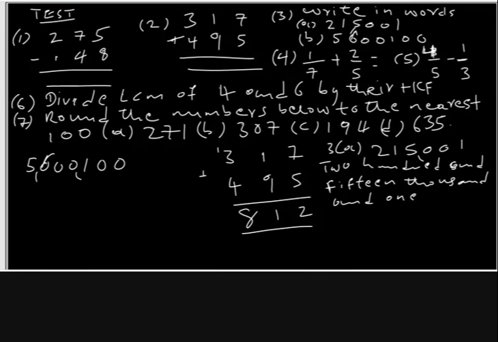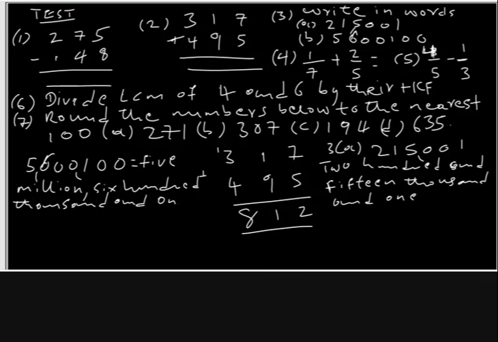5,600,100. This is equal to 5 million, comma 600,000 and 100.